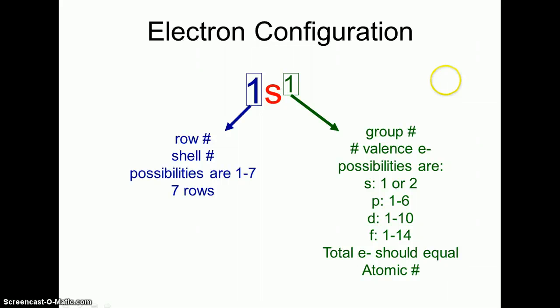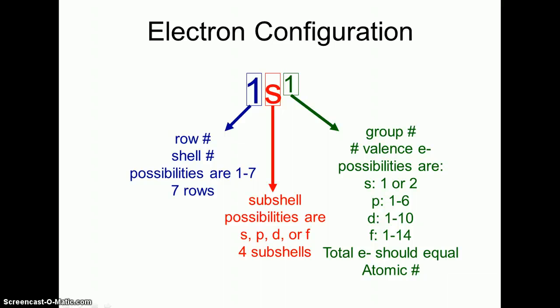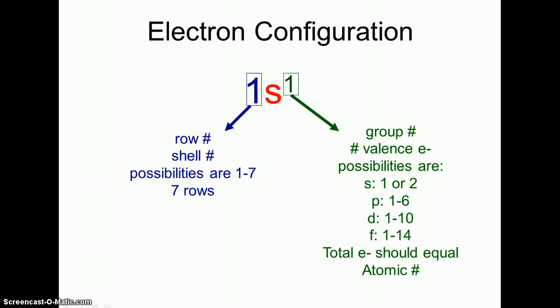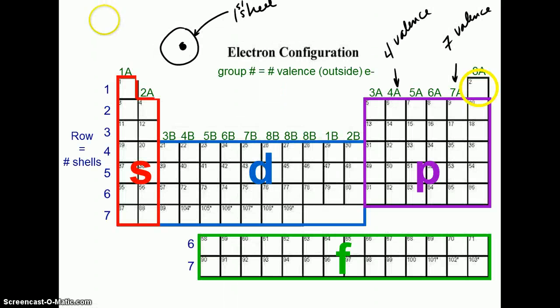This tells you the group that it's in, more or less those vertical down, and this tells you what the subshell is. So 1s1 is in the first row, it's in the s orbital, and it's the first one. So we have hydrogen having the electron configuration of 1s1.